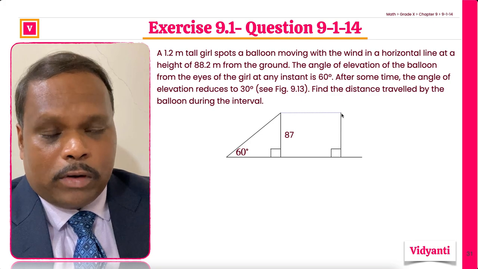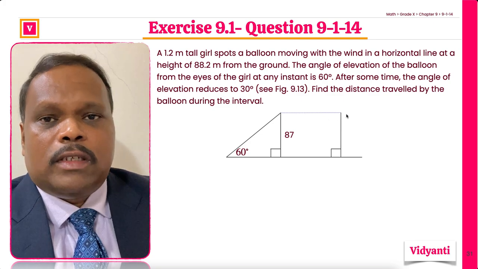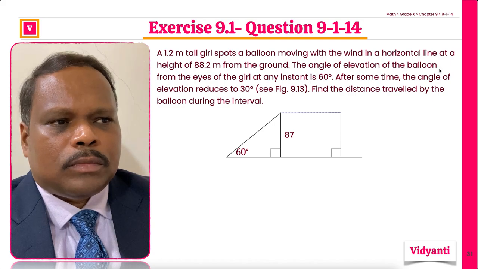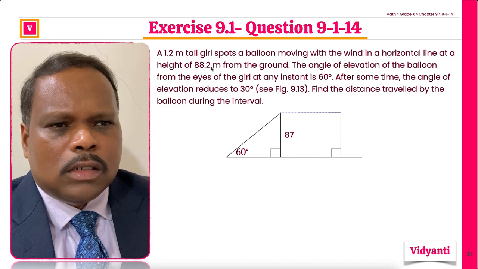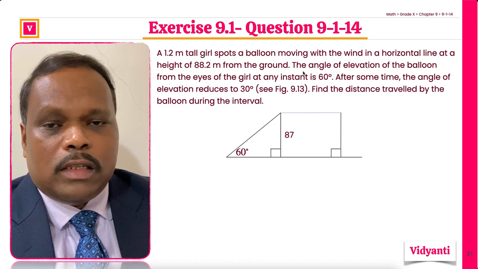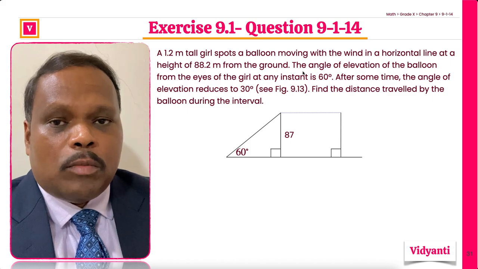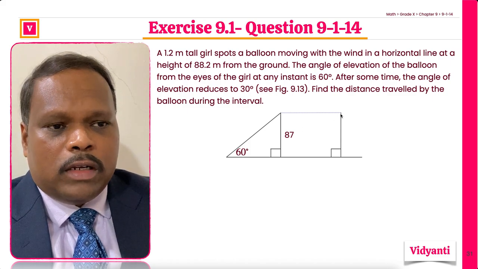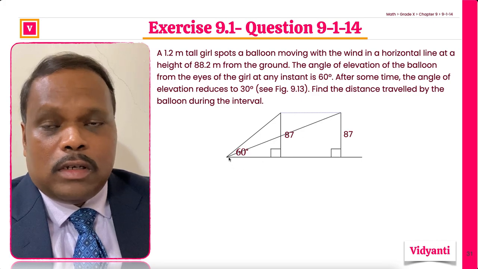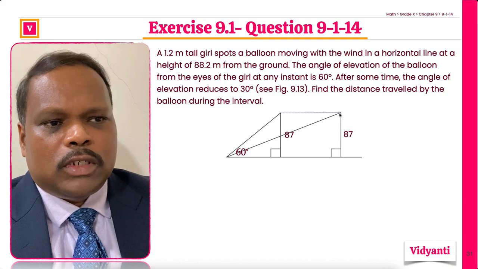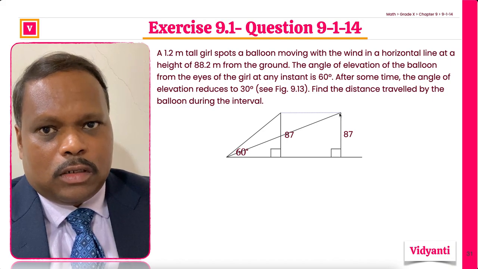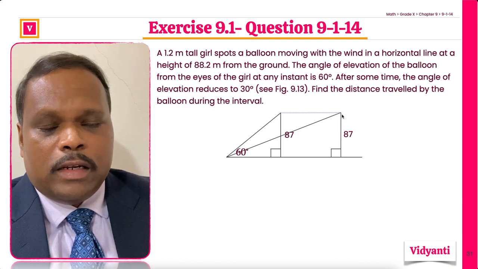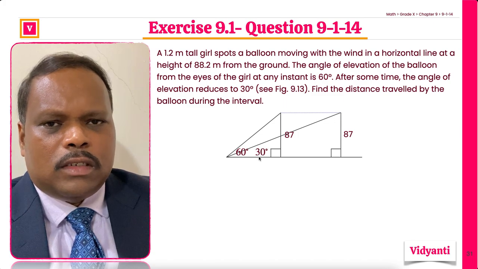Let's assume that it travels in the same line, because they have not given that it is going upwards or downwards, so I'm assuming that it remains at the same horizontal level. So this 87 remains 87, and the girl looks at the other position, and now the angle of elevation is 30 degrees because the balloon is farther from her.